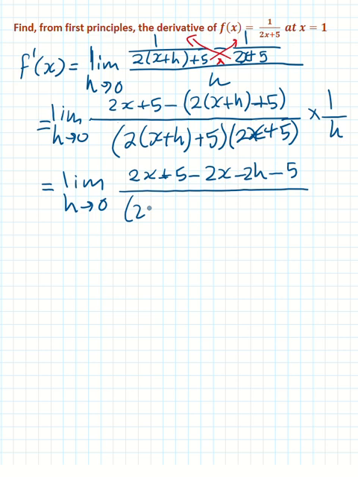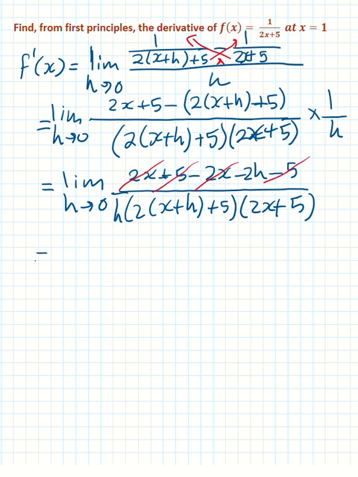So that's going to be 2 bracket x plus h plus 5, and then bracket 2x plus 5, and I can put the h in the front here in the denominator. From there we can simplify. So we have the 2x goes with the minus 2x, and the plus 5 will go with the minus 5.